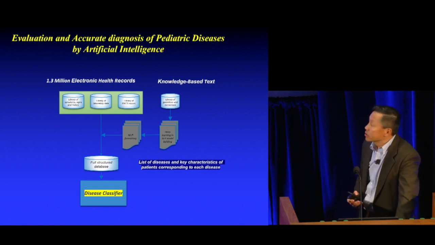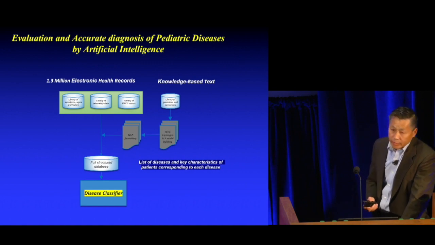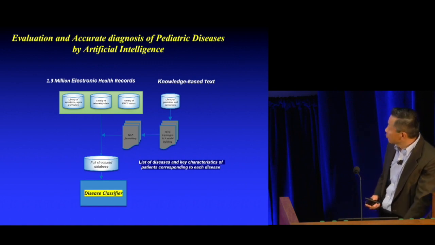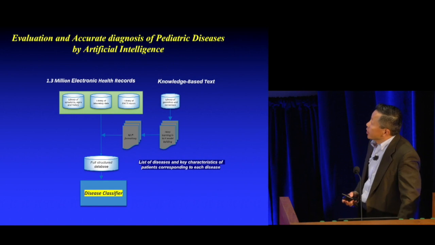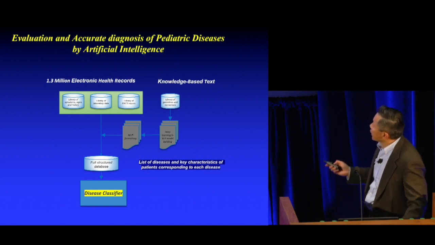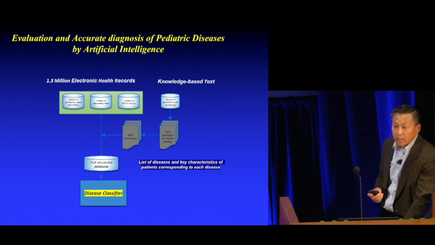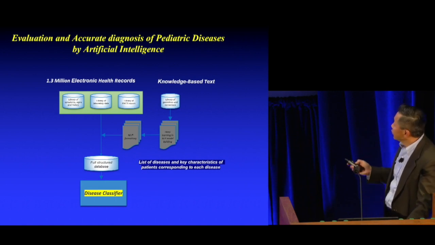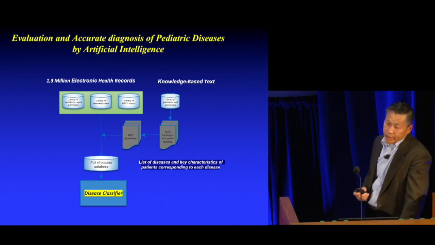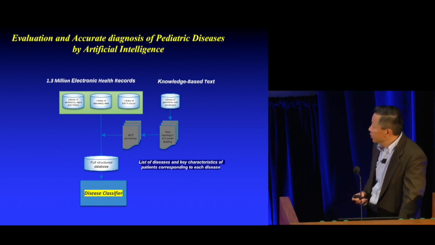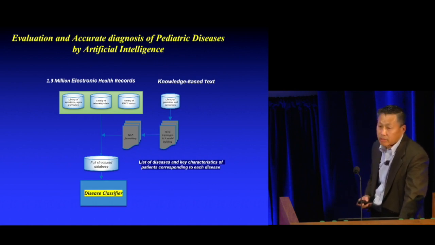So to address this, we take an approach of looking at 1.3 million pediatric medical records from a single medical center in China. We first created a knowledge-based text database or library, in which we manually used 50 pediatricians to curate 50,000 records and form the clinical pathway.